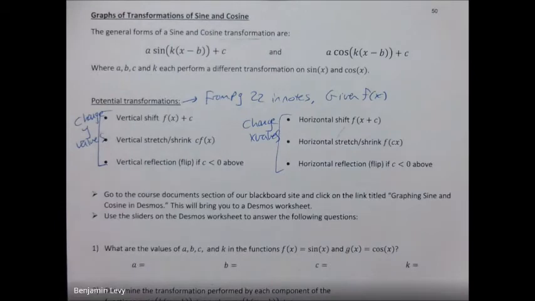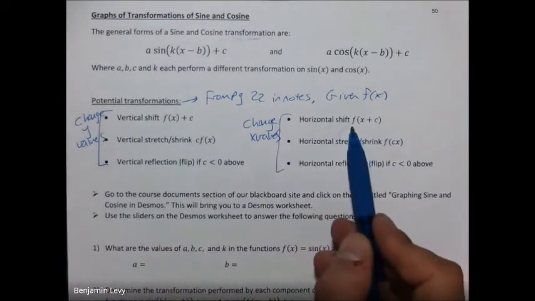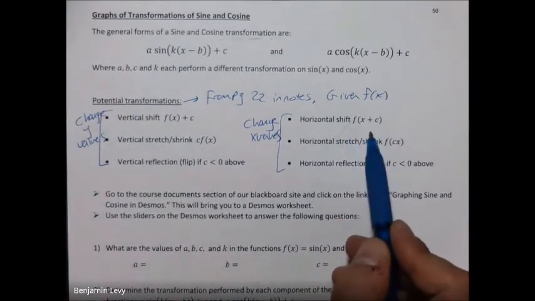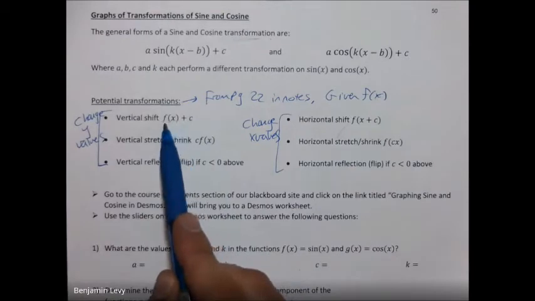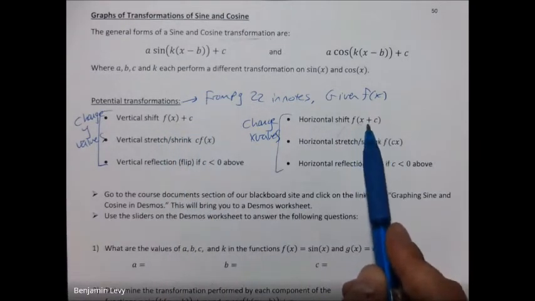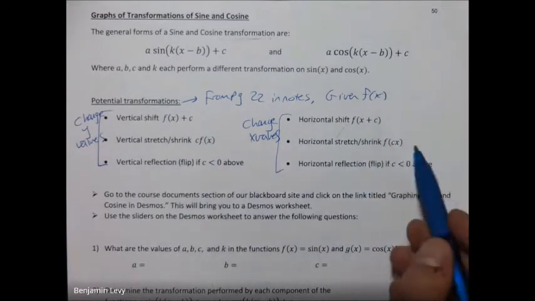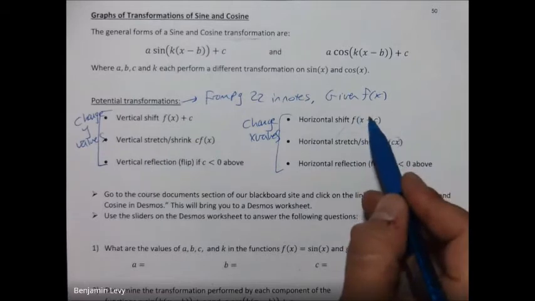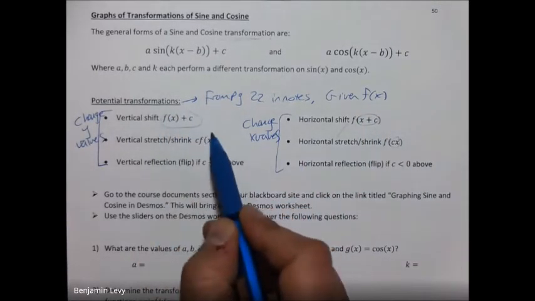Well, notice the formation here. This is f of x plus c, where this is f of x plus c. The difference is that this is the output, and then you're adding a number, and this is adding the number directly to the x values. So everything in the right-hand column is directly impacting x values, where everything in the left-hand column is impacting y values.